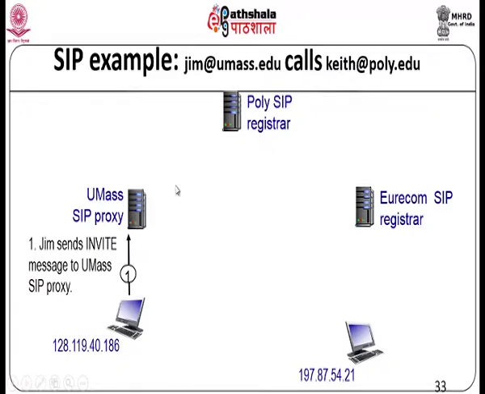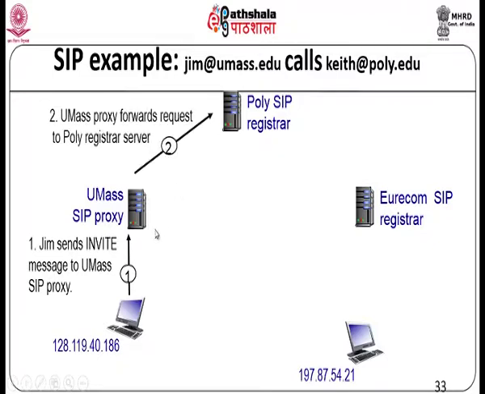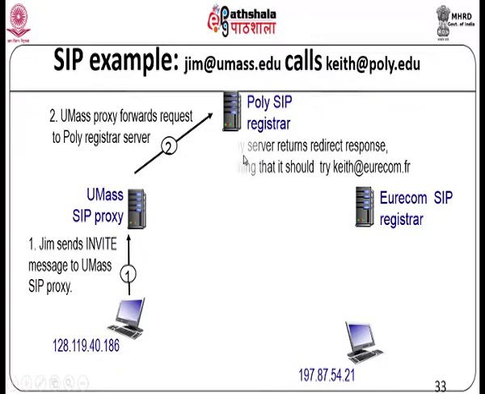So what does the SIP proxy do? The SIP proxy now will forward this request to the registrar server at Poly. Poly is the one we are trying to contact, right? So you forward this request to the Poly SIP registrar. And what will the Poly SIP registrar do? It returns a redirect response saying that it should try Keith at eurocom.fr.